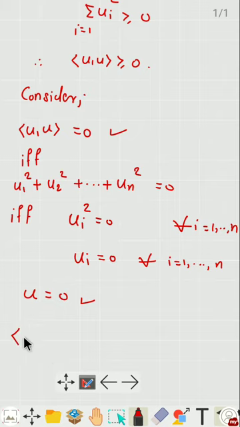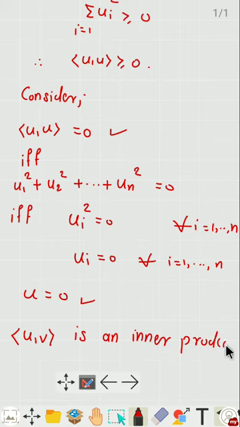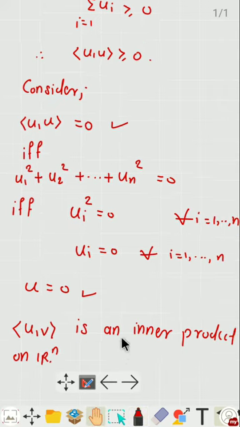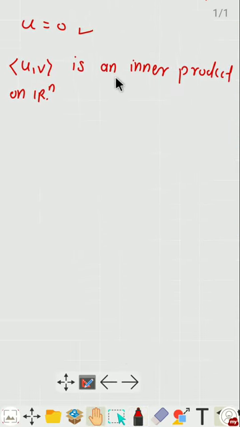Therefore the product of u with v defined above is an inner product on Rn. Okay, so this is the way to show that some definition of product is an inner product on Rn.